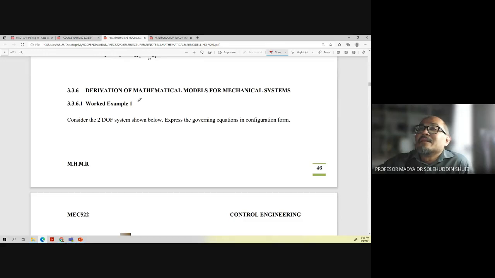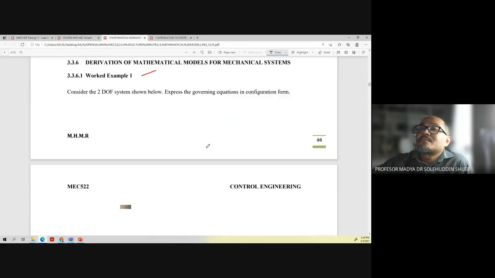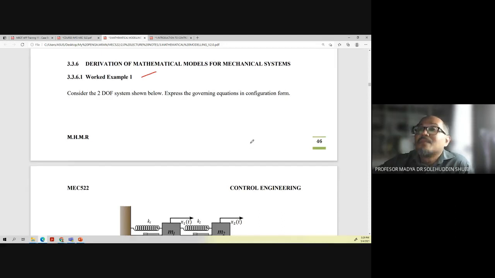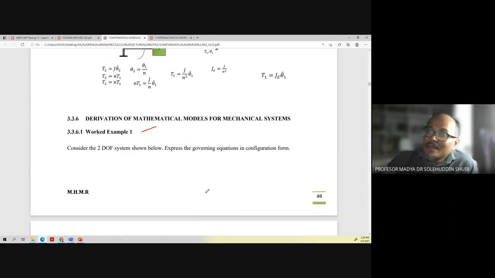We look at this example 1. We have a 2 degree of freedom system, and we want to express the governing equation in configuration form. Note the keyword here, configuration form, the one that we need for the system.